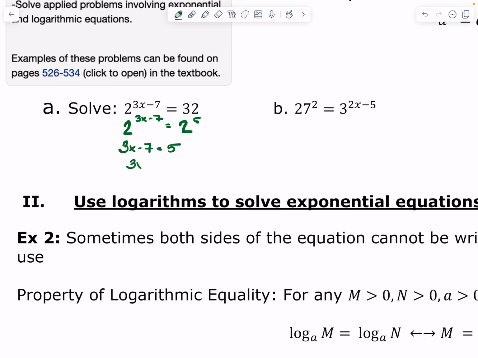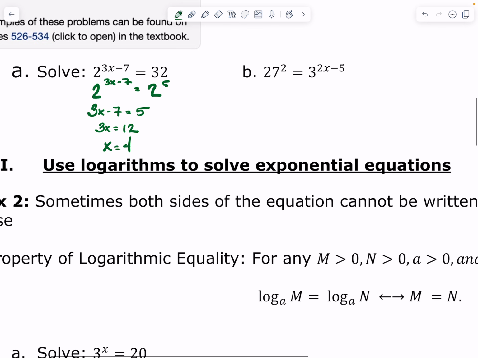Add 7 to both sides, and 3x equals 12. Divide both sides by 3, and x equals 4. We can always plug in to double check. 3 times 4 is 12. 12 minus 7 is 5. That works.